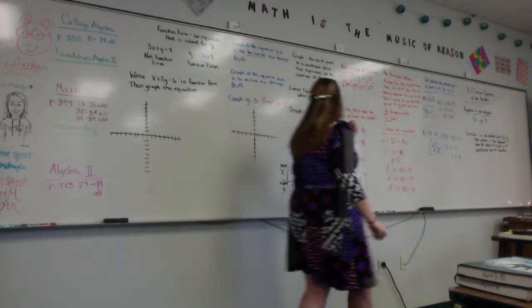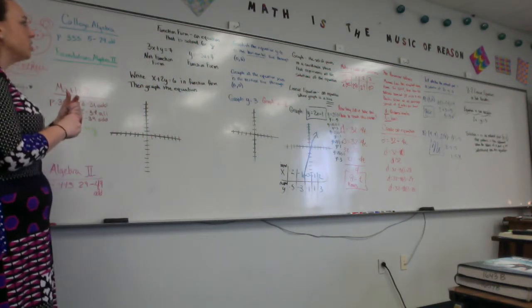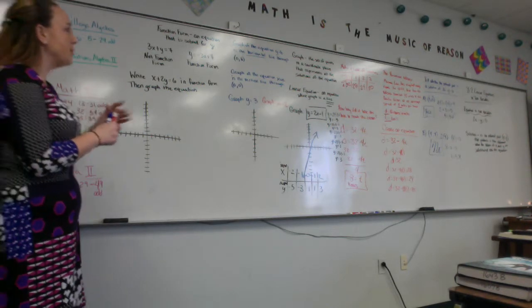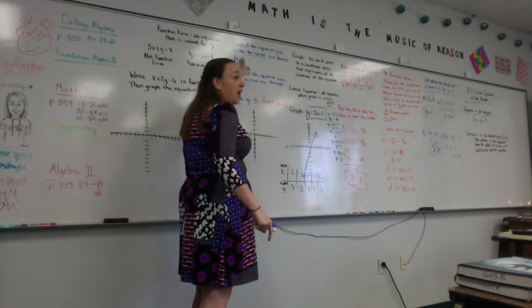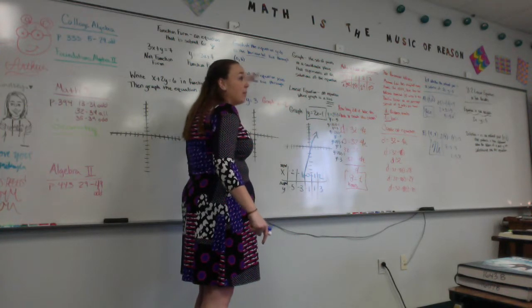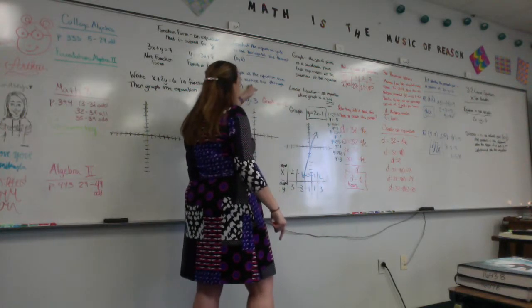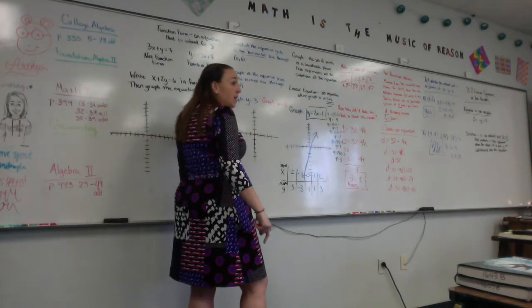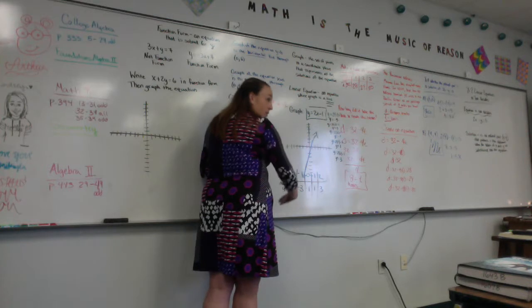Now, over here, the graph of the equation y equals b is a horizontal line through 0, b. So here's the deal. If 0 is in my x spot, and I have a number in my y, I'm going to draw a horizontal line through that. Then the graph of an equation x equals a is a vertical line. So if there's a number in my x spot, but a 0 in my y, I'm going to have a vertical line.